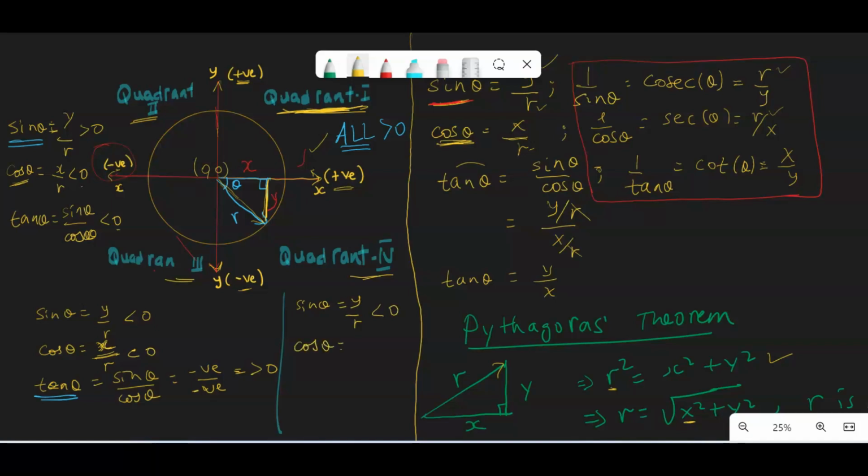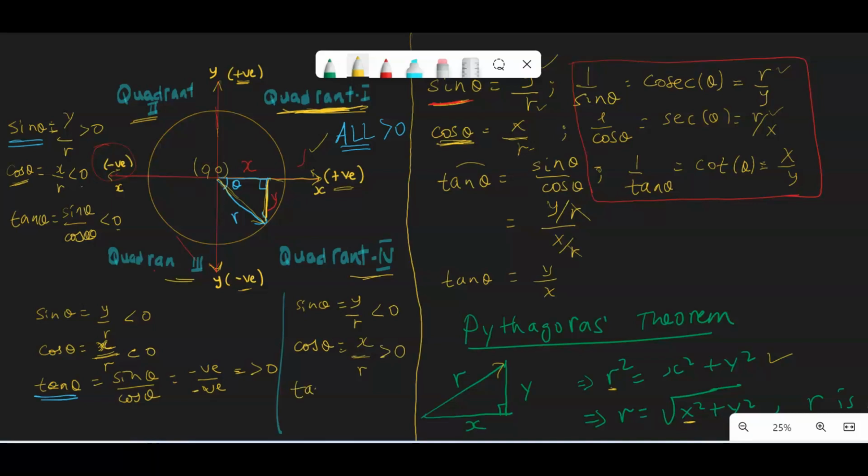Cosine of theta is equal to, let's say, this adjacent side divided by hypotenuse, which is x divided by r. x is always positive because it's to the right of the coordinate 0, so positive divided by positive is positive.